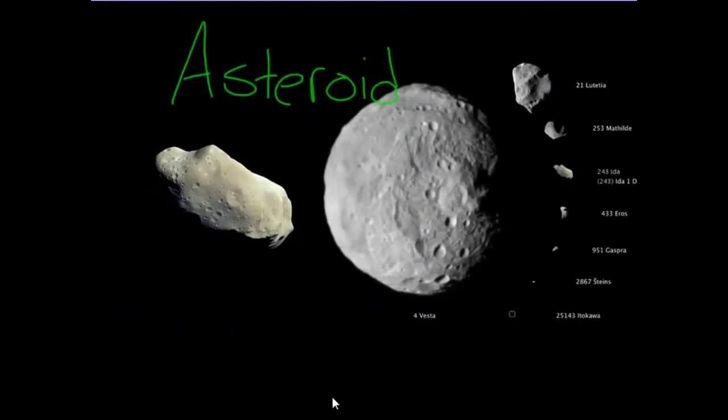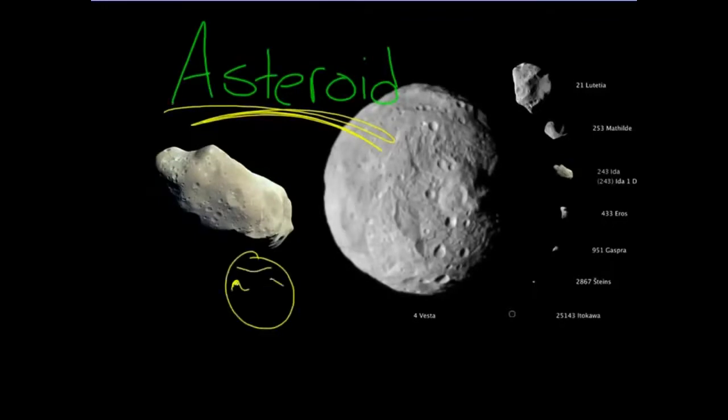And they can be all different sizes, all different shapes, and they're really only going to be classified as an asteroid if we're talking about objects that are inside the orbit of Jupiter. So here's Jupiter, the Great Red Spot, and anything past Jupiter going out in our solar system is going to be classified as something else.